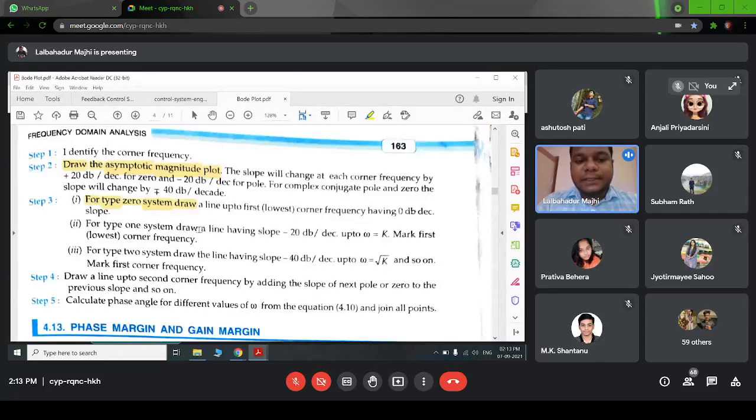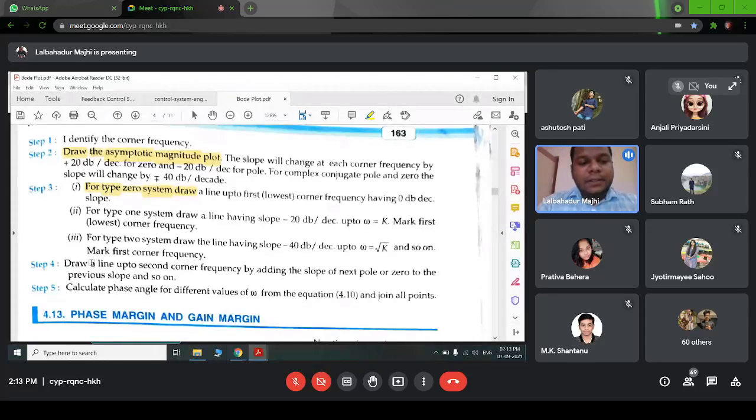Similarly, for a type 1 system, we draw a line having minus 20 dB per decade up to omega equal to k, up to the lowest corner frequency. For a type 2 system, we draw a slope of minus 40 dB per decade up to omega equal to root of k.